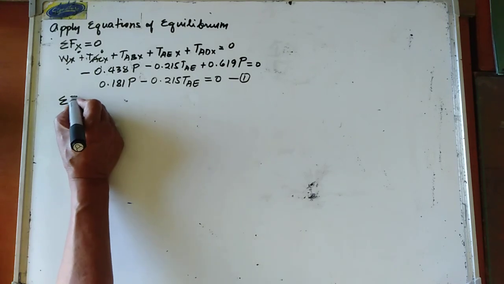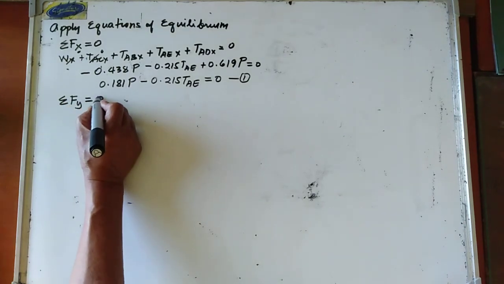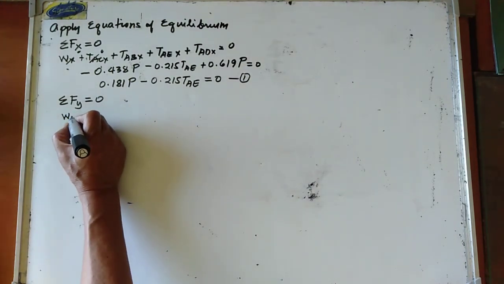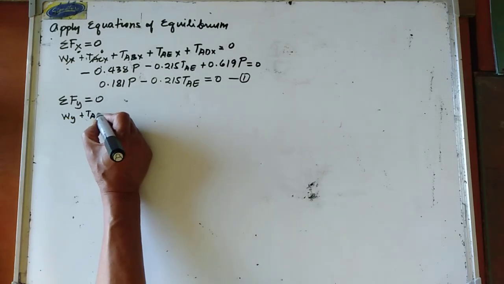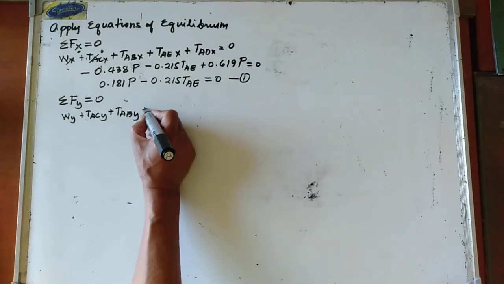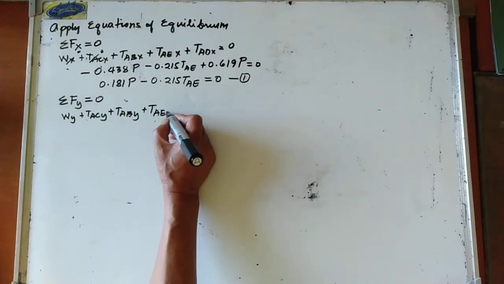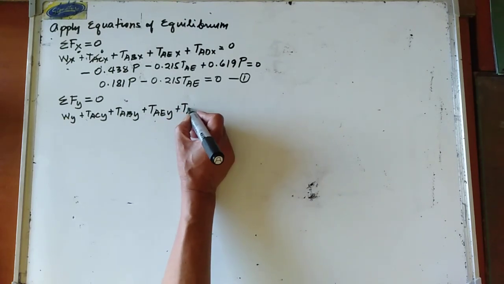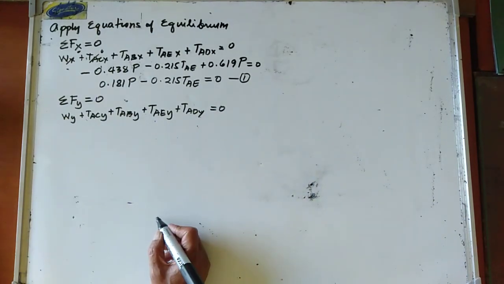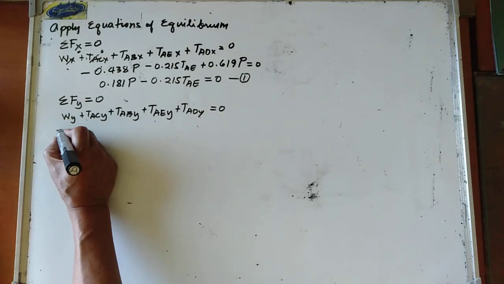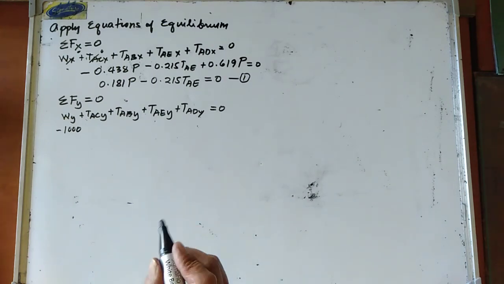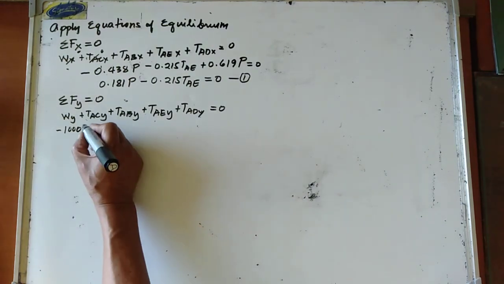Now, summation of forces along the y is equal to 0. So we have your WY plus TACY plus TABY plus TAEY plus TADY. That is equal to 0. So WY is minus 1,000. That is minus 1,000. Okay.